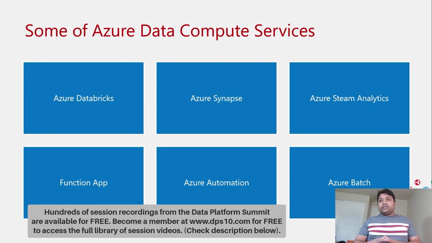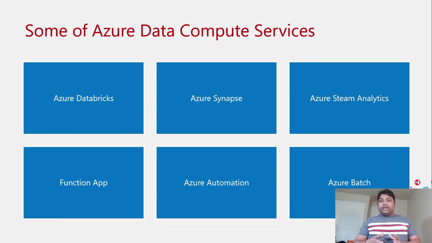We have Function App, which is a fully serverless application. We can connect some things and do quick processing. We have Azure Automation, and Azure Batch is also used in some scenarios. So these are some of the compute services we can leverage for our needs in the data lifecycle.